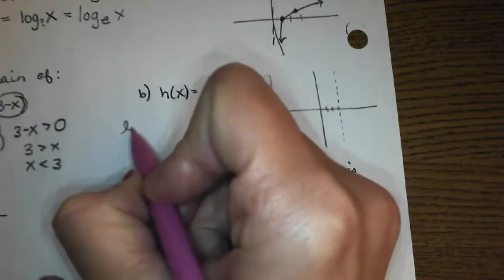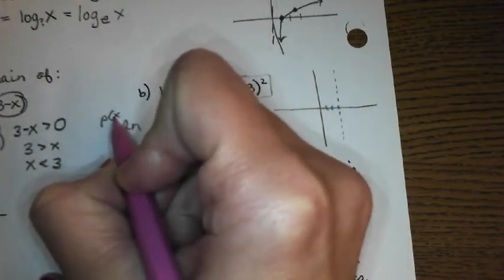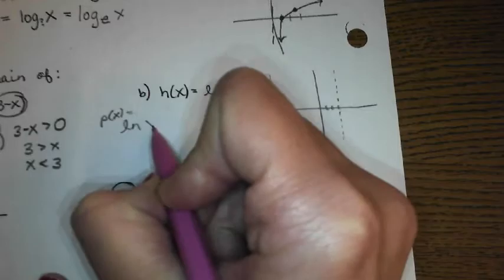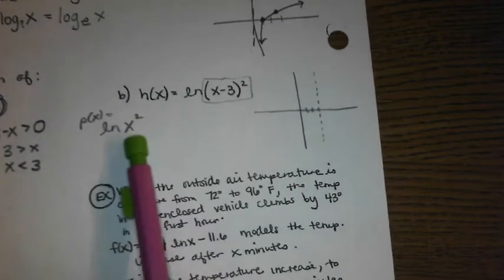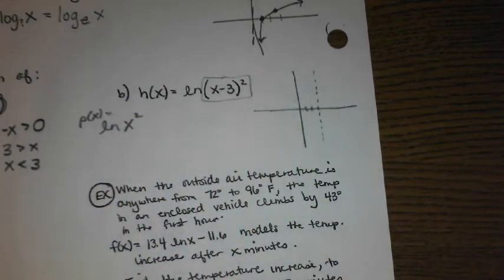The parent graph, P of x, is different. It's x squared. And it's actually kind of double-sided on both sides of the asymptote. This asymptote's right on the y-axis. This one has been shifted right 3.